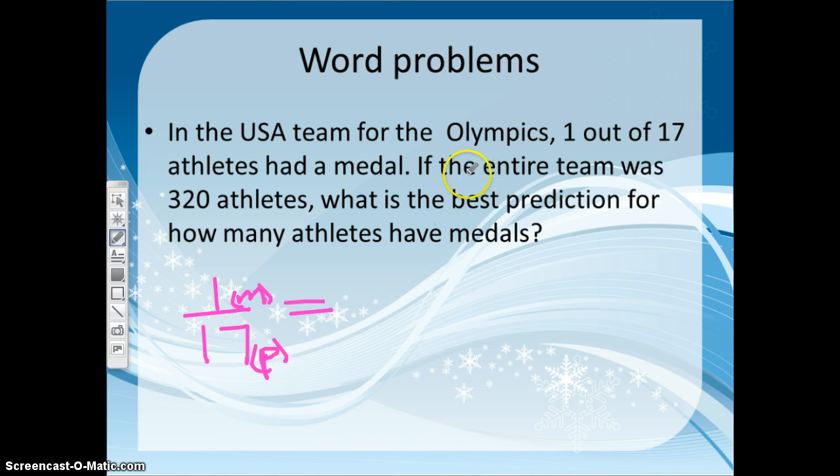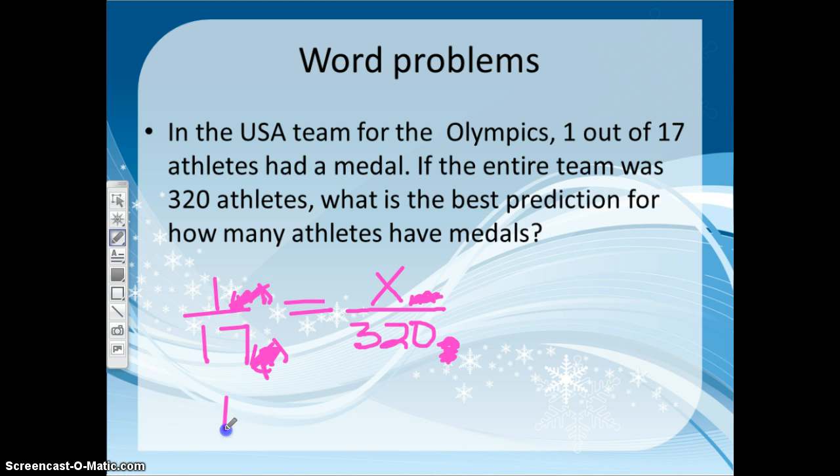For my proportion, the entire team is 320 athletes. That's how many people. Maybe I should have used an A instead of a P. How many have medals? That's what we don't know. Alright, now we've got a proportion we can solve. 1 to 17 is equal to x over 320. And we can kind of x those out now so it doesn't confuse us if you want.